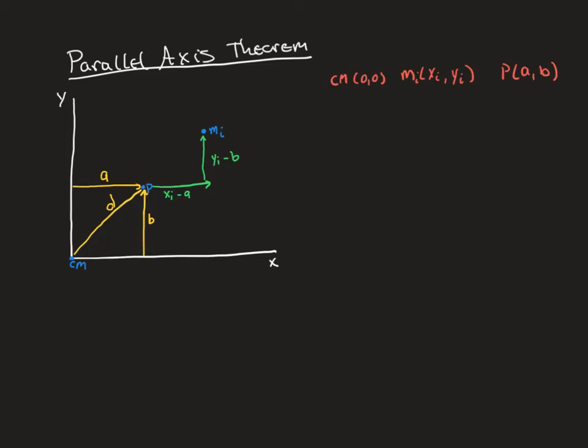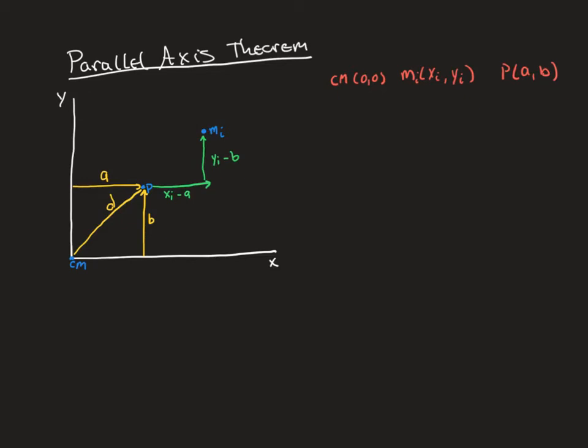Alright, now we're going to focus in on one arbitrary particle within that solid sphere. I'm just using a sphere as an example. And so I'm labeling it m_i because you're going to iterate over all particles within this sphere. And so its coordinates are just going to be arbitrarily x and y. Once again, the i's are just indicating that you're iterating over all particles.